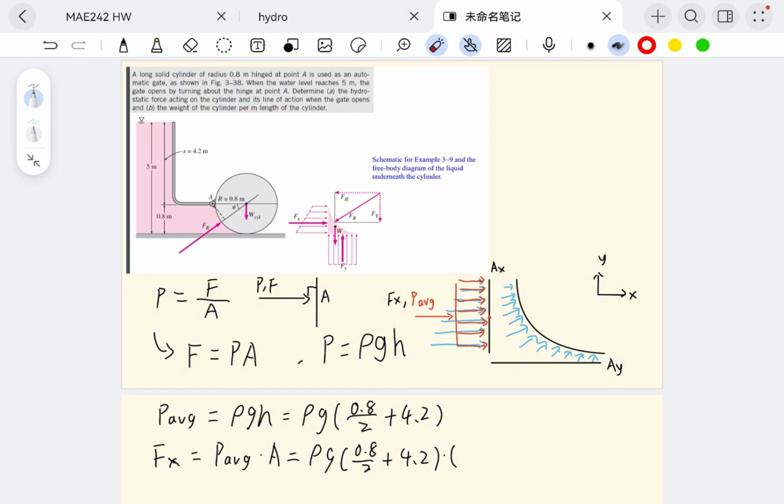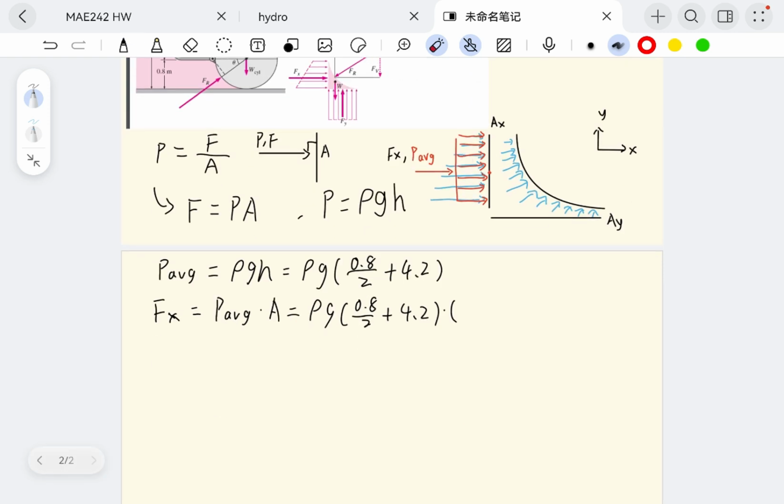So we're assuming that for this problem, we're going 1 meter into the page. So it will be just height times width. That's the area. So now we have pressure, we have area. We can start calculating for the force that is acting in the horizontal direction, which is 36.1 kilonewtons.